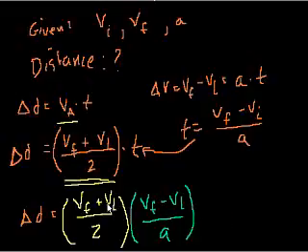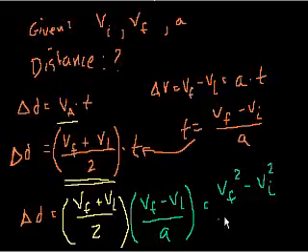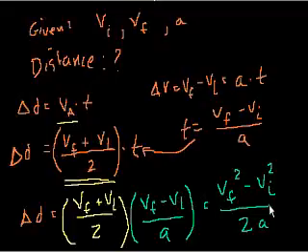And then if we do a little multiplying of expressions on the top, you might recognize this. This would be Vf squared minus Vi squared, and then you multiply the denominators, over 2a. So the change in distance is equal to Vf squared minus Vi squared over 2a.